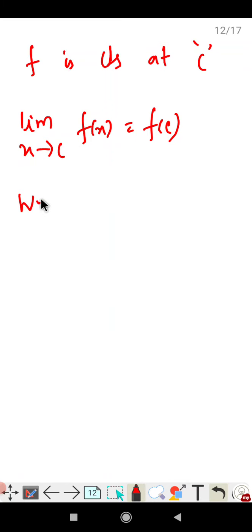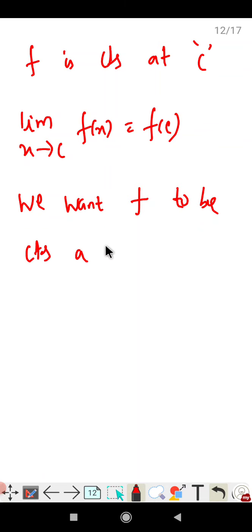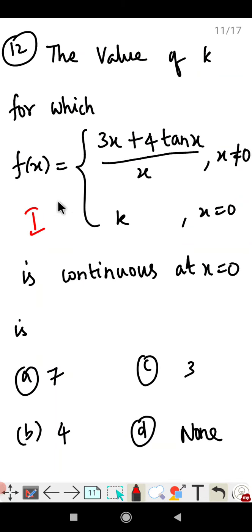Okay, we want f to be continuous at x equal to 0, so it should satisfy the definition, that is limit x tends to 0 of f of x. When you approach x to 0, not exactly 0, what is the value of f of x?